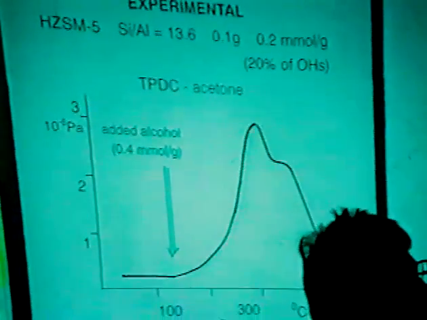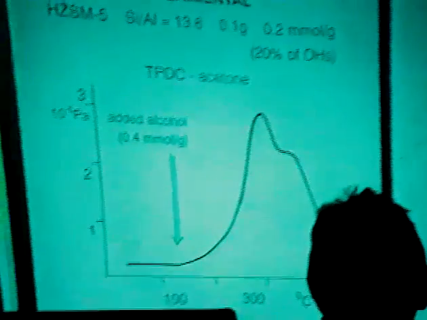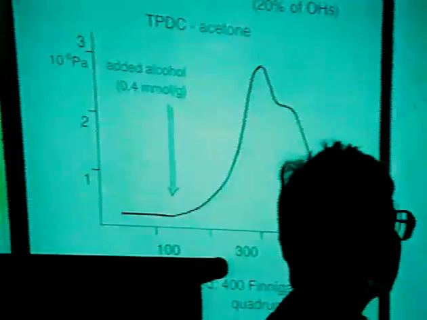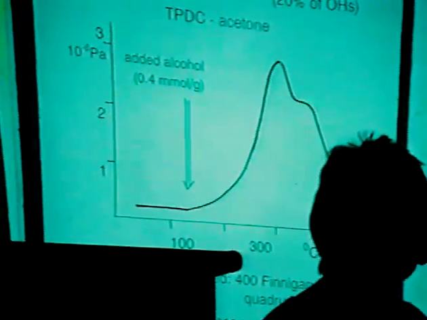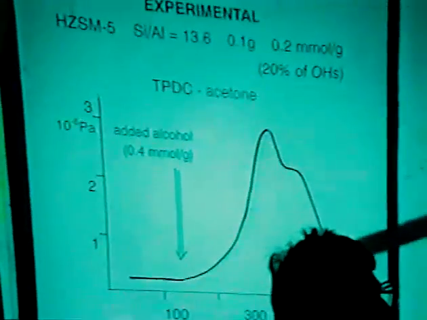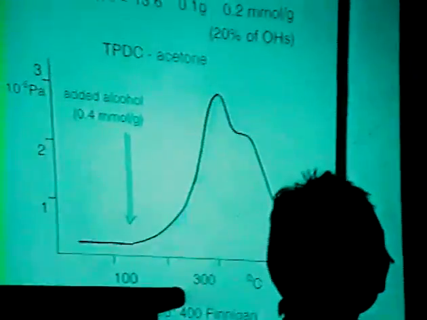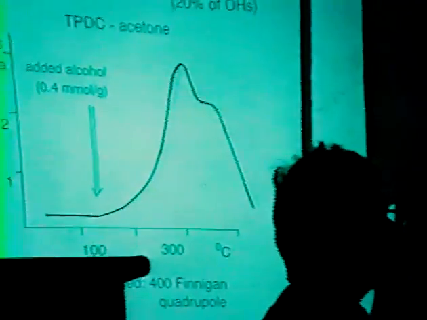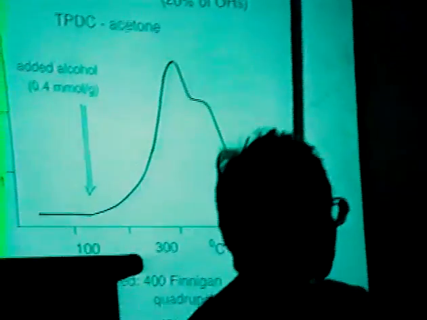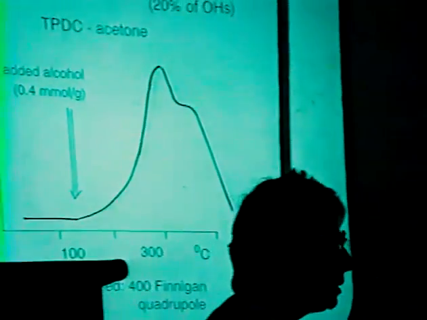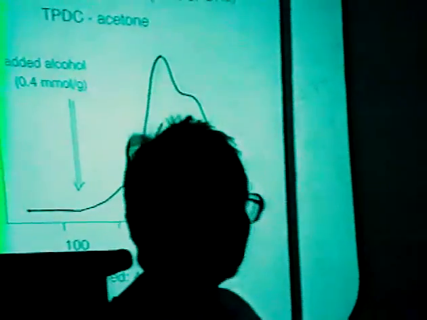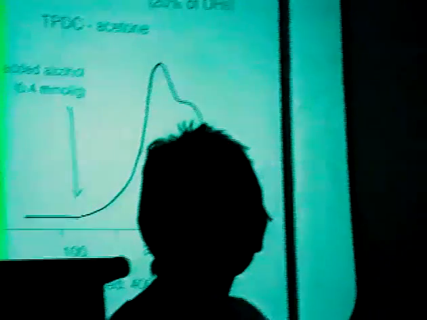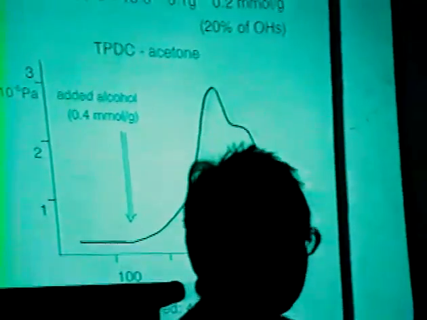And here is shown the total pressure in the vacuum chamber in dependence on temperature. You can see that up to about 130 degrees centigrade, no desorption products were released. Then the desorption starts at about 500 degrees centigrade. Practically all of the acetone was desorbed.